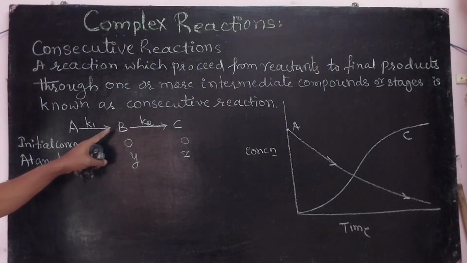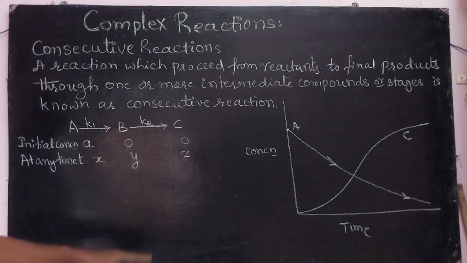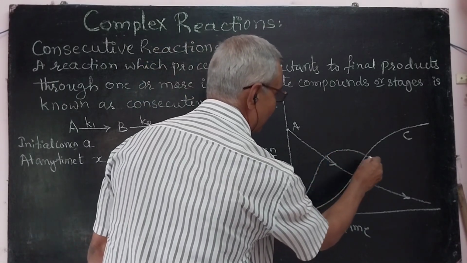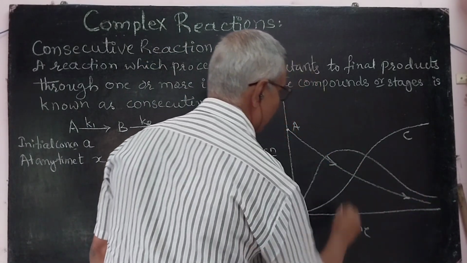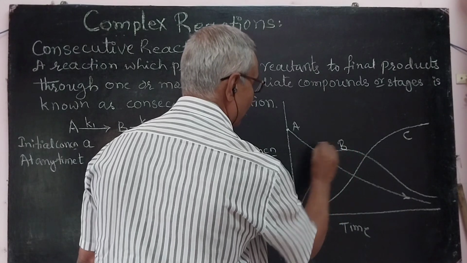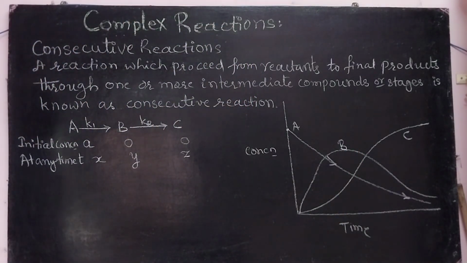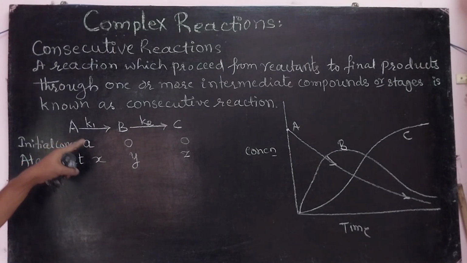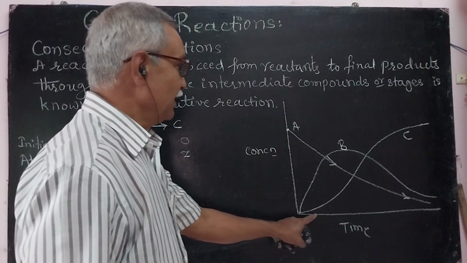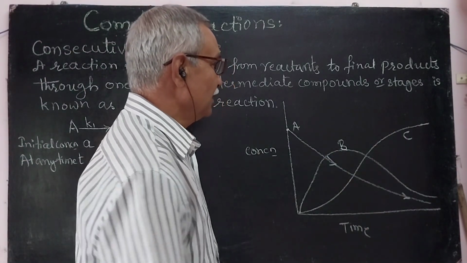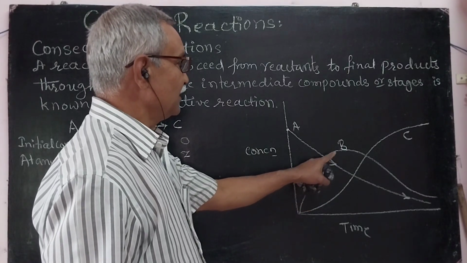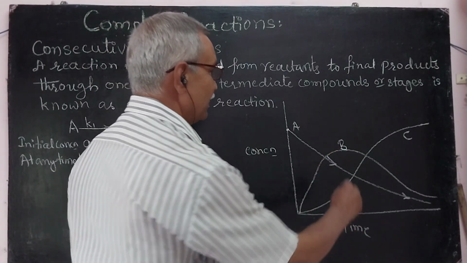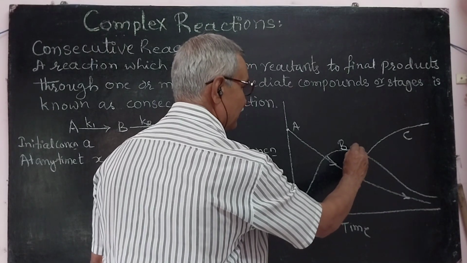What about the concentration of B? Initially it increases and finally it decreases in this way. Suppose this is the concentration of B. In that way, the concentration of A regularly goes on decreasing, whereas the concentration of C regularly goes on increasing, whereas the concentration of B initially goes on increasing and reaches a maximum at this point.